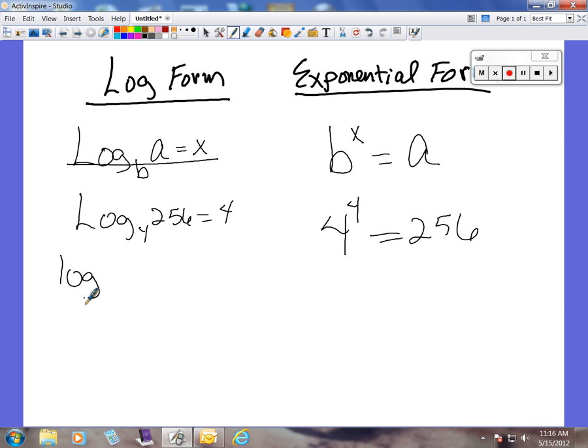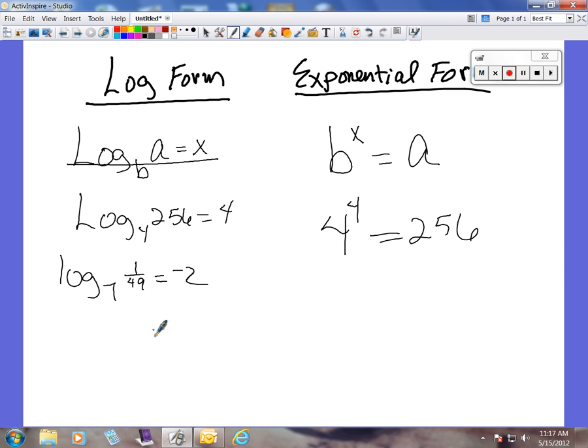Let's say you have this. Now I'm going to change it to exponential. You don't rewrite or flip anything.